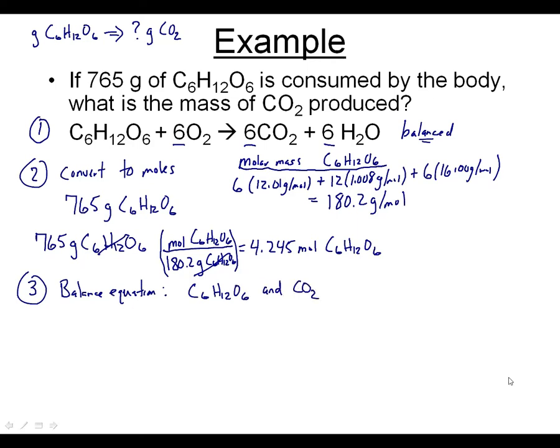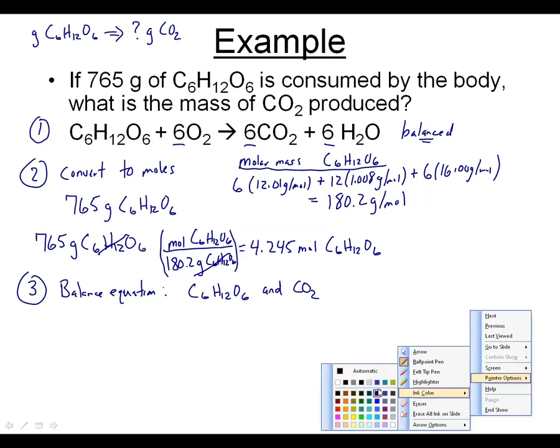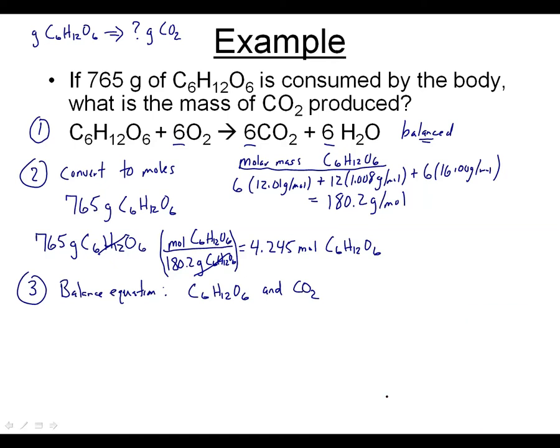And from the equation, we could see the relationship, which again is a stoichiometry relationship. And again, it's just the coefficients. We see that for every 1 mole of this guy, we actually will get 6 moles of this guy. So for every 1 mole of C6H12O6, which is the coefficient, we get 6 moles of CO2.